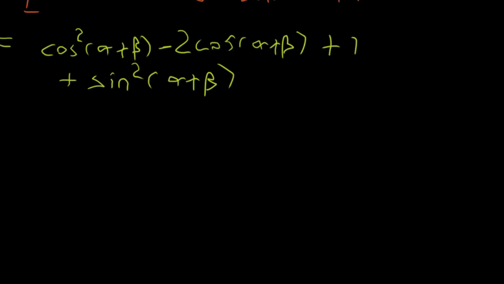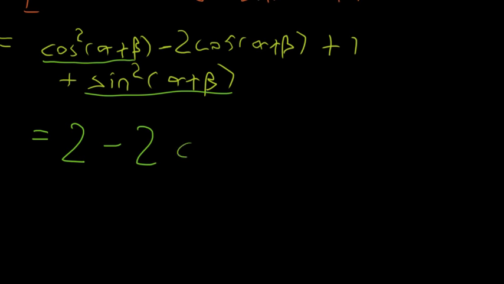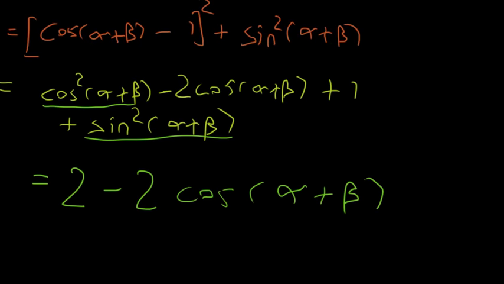Well, notice these two guys here, they will add to give 1, because I know that cos squared plus sine squared is 1. So the L squared from the left picture, I can write as 2 minus 2 cos of alpha plus beta. So keep that in mind.